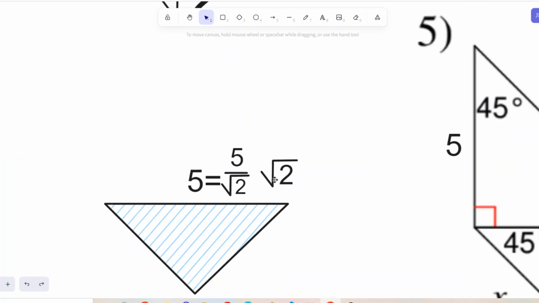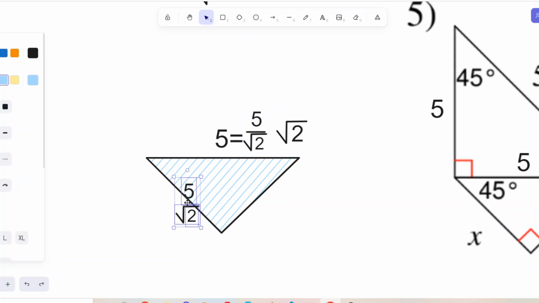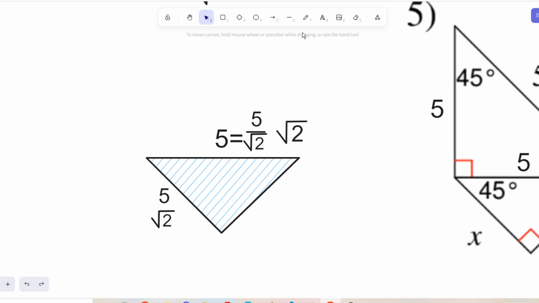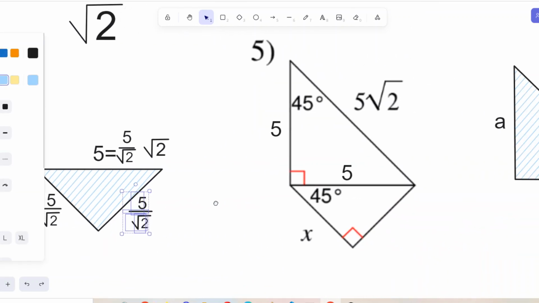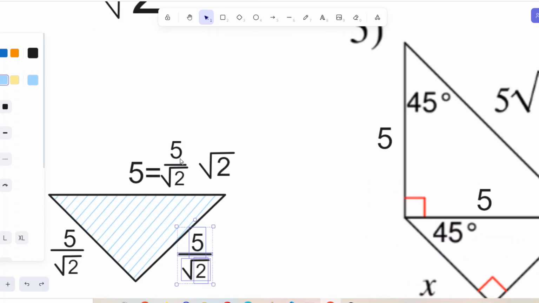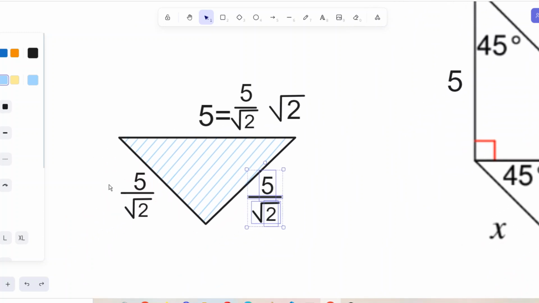So what times root 2 equals 5? 5 over root 2. So that must mean that the side lengths are 5 over root 2. Right? Because now we had a 45, 45, 90 right triangle where we knew the hypotenuse was something times root 2. That something was 5 over root 2. Therefore, the legs are 5 over root 2.